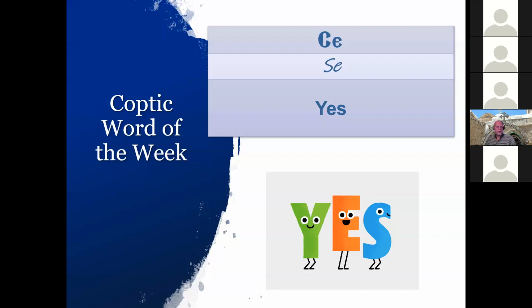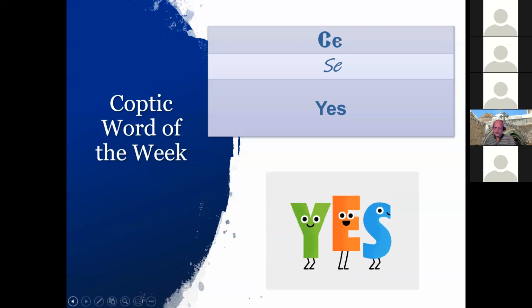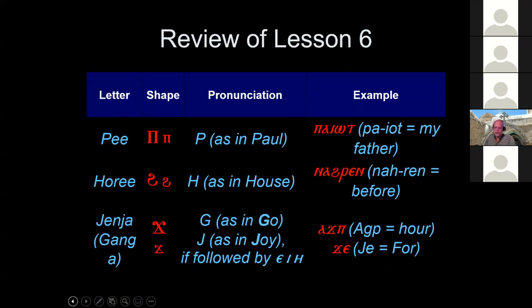We have a good question. Yes, can you go back one slide for a minute? One slide, okay. So I noticed that here Janja equals for, and how come it's not our?